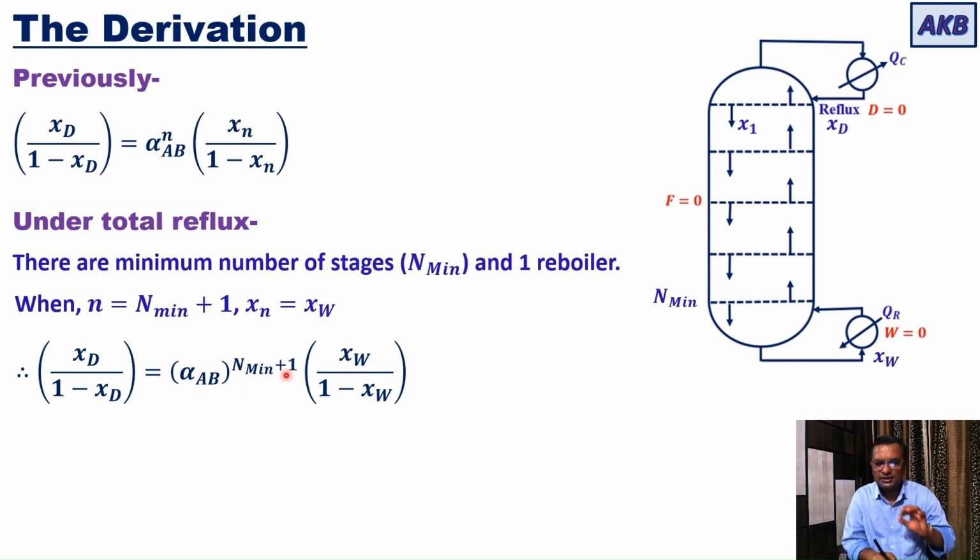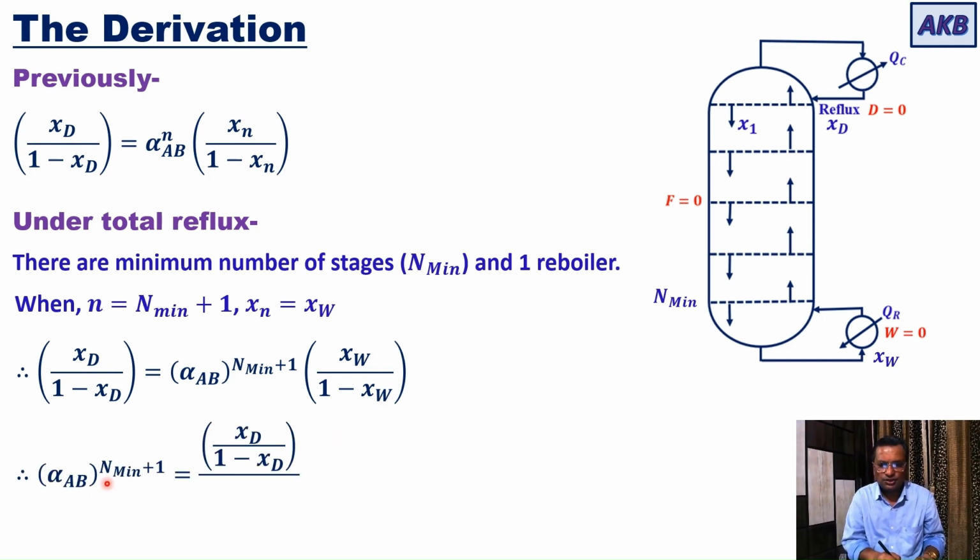Now I am replacing n with n minimum plus 1, so I have to replace xn with xw. So xd upon 1 minus xd is equal to alpha AB raised to n minimum plus 1 into xw upon 1 minus xw. That is, alpha AB raised to n minimum plus 1 is equal to xd upon 1 minus xd divided by xw upon 1 minus xw. I have brought this term on the other side. Now let us continue with this.